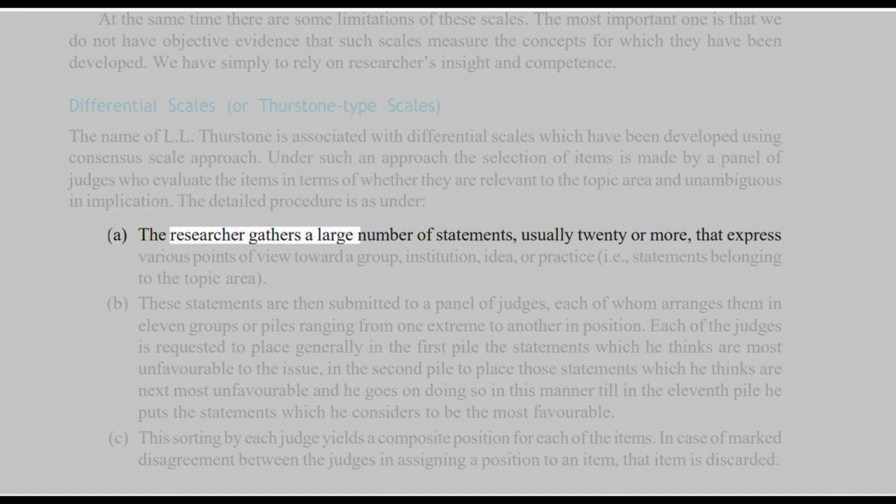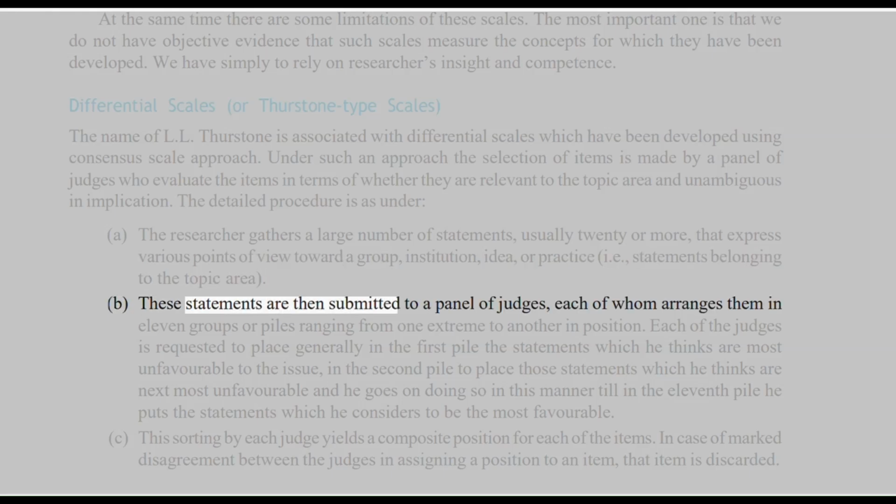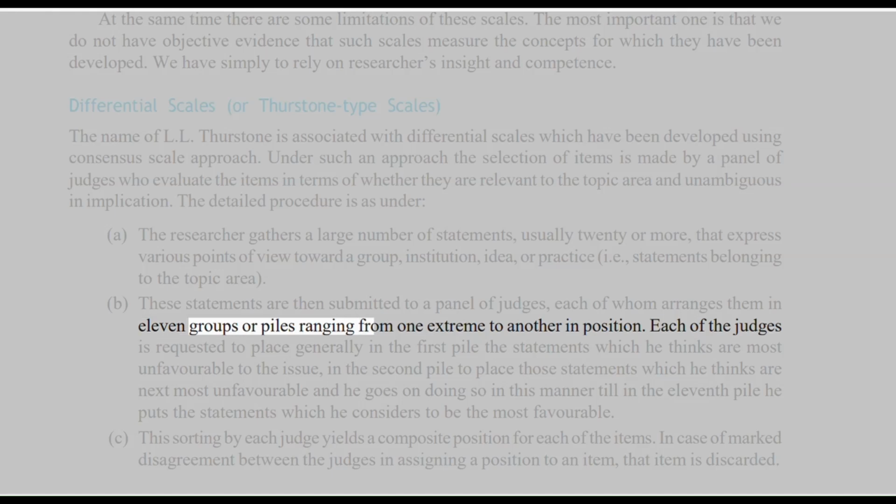A. The researcher gathers a large number of statements, usually 20 or more, that express various points of view toward a group, institution, idea, or practice, i.e., statements belonging to the topic area. B. These statements are then submitted to a panel of judges, each of whom arranges them in 11 groups or piles ranging from one extreme to another in position.